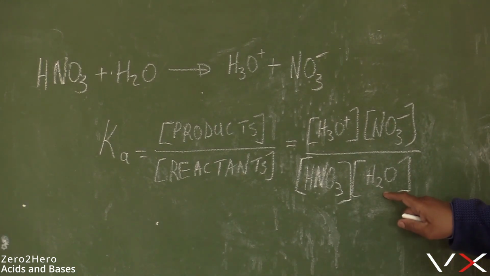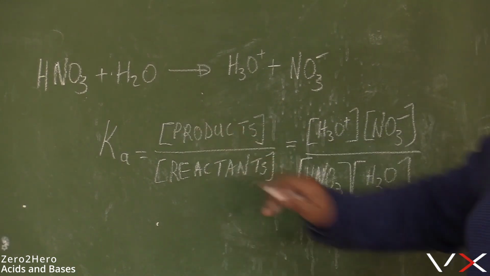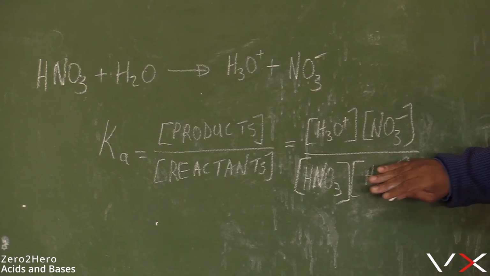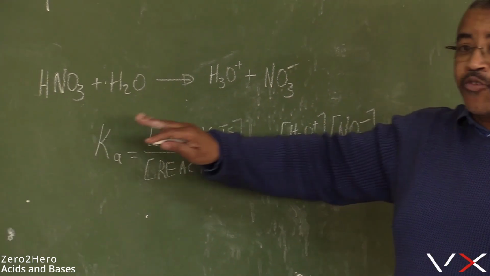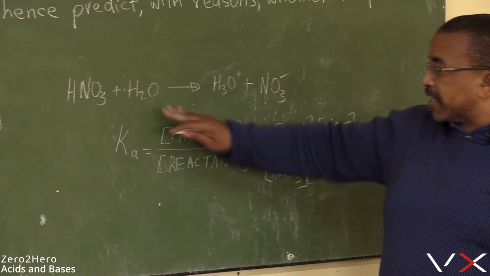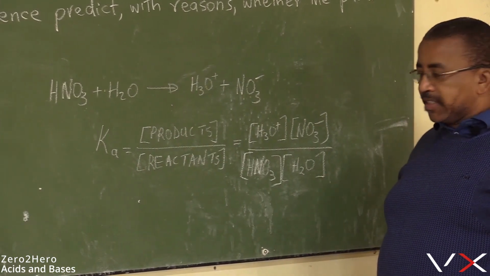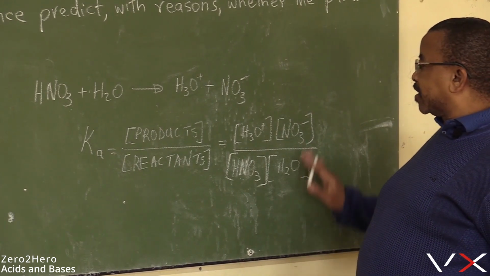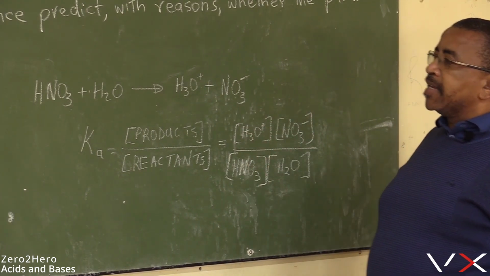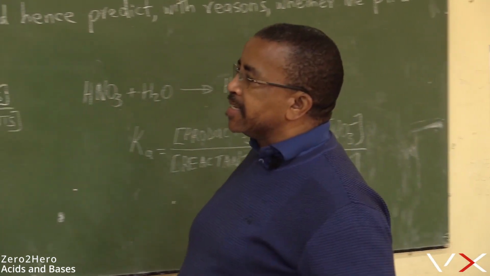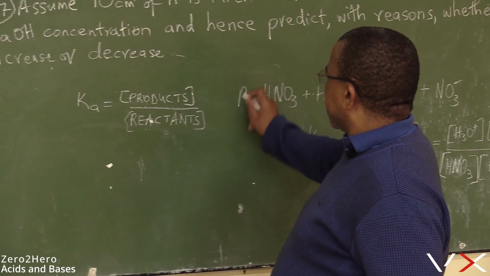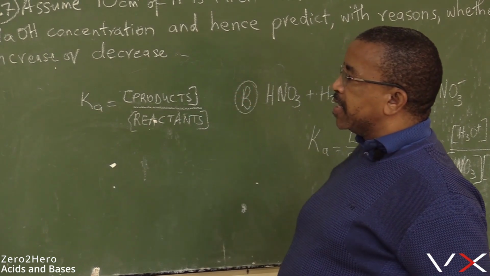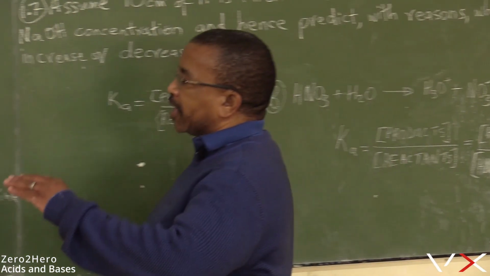If H2O is a liquid, we don't include that. But if we assume it's a gas, then we can include that. But we have to write it like this. So this is for number B, an expression for the Ka value.